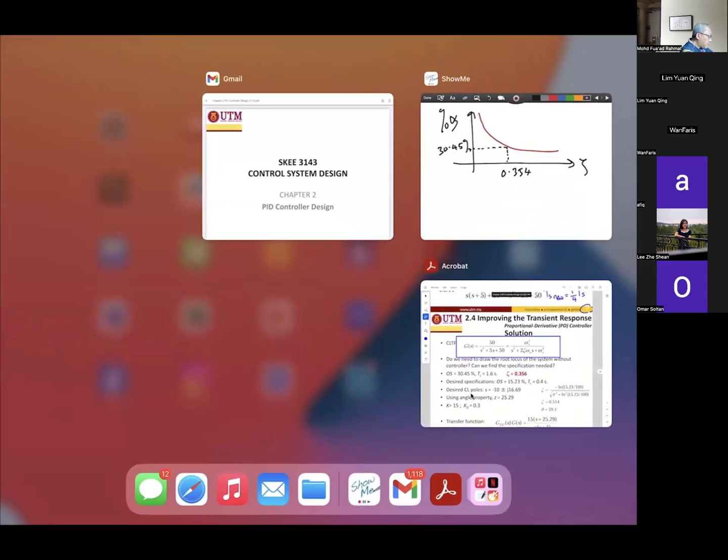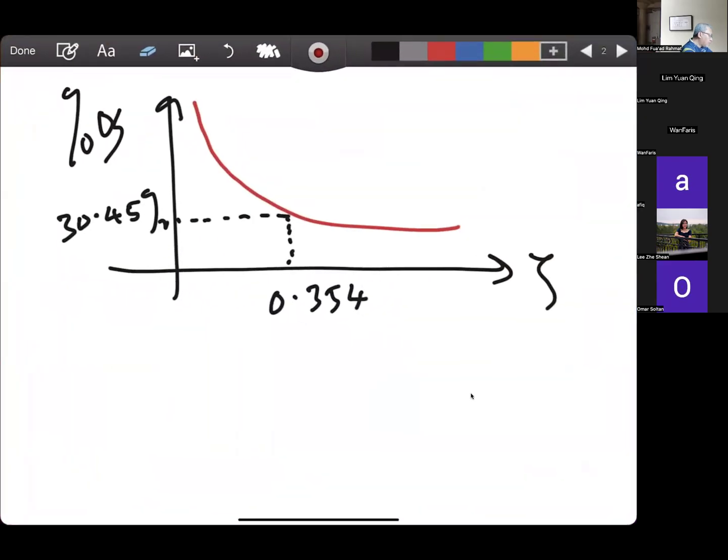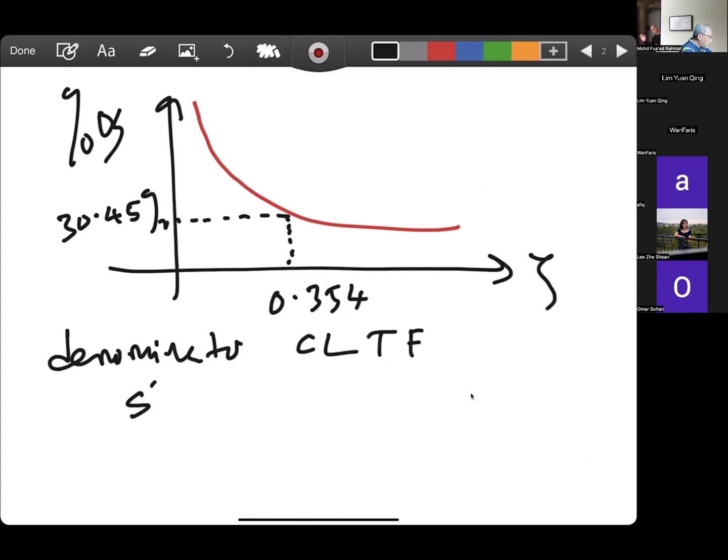Then after that, you calculate the settling time. How to calculate the settling time is from the denominator of the closed loop transfer function, which is s squared plus 5s plus 50. Am I right? Then you find the roots.